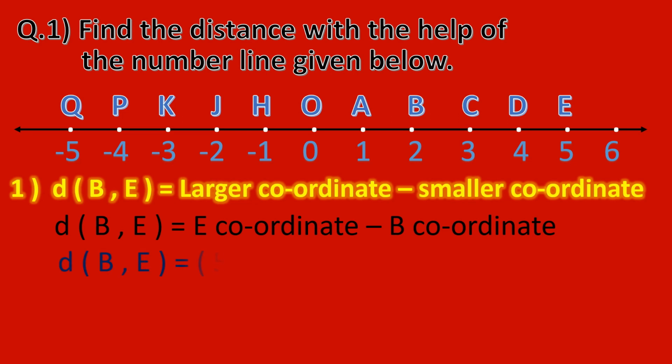Here coordinate E is larger than coordinate B. Therefore, E coordinate minus B coordinate. Coordinate E is 5 and coordinate B is 2. Therefore, distance BE is equal to 5 minus 2, which is equal to 3.